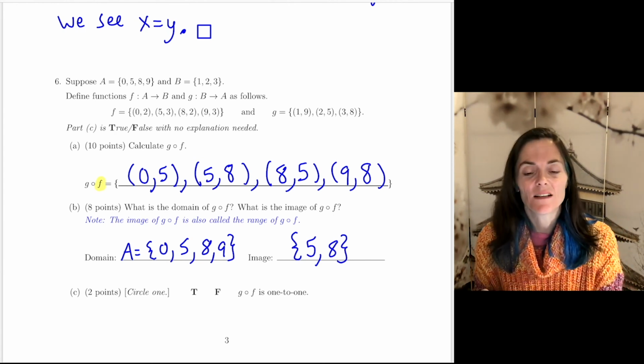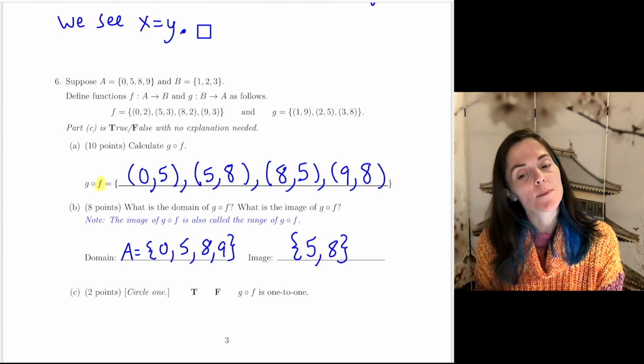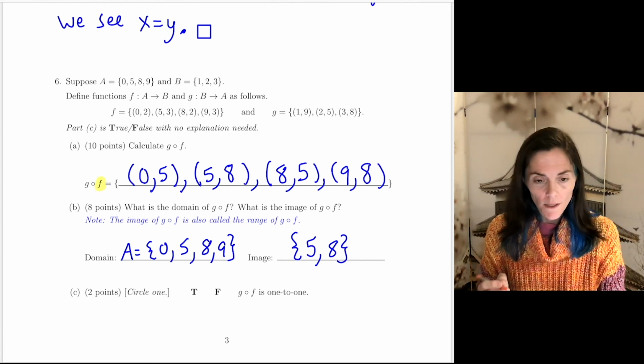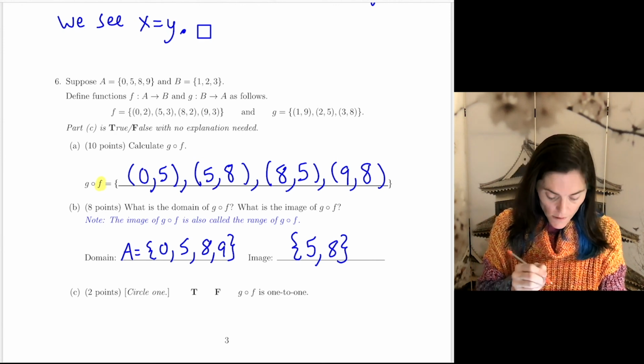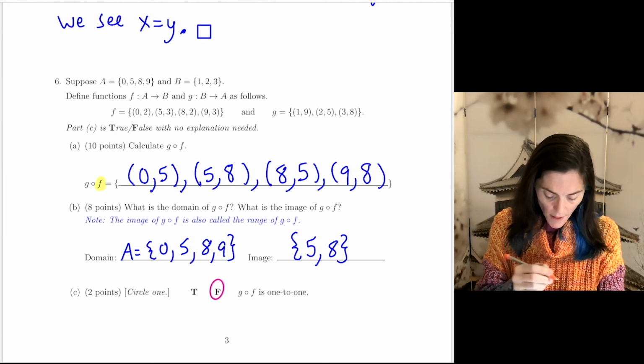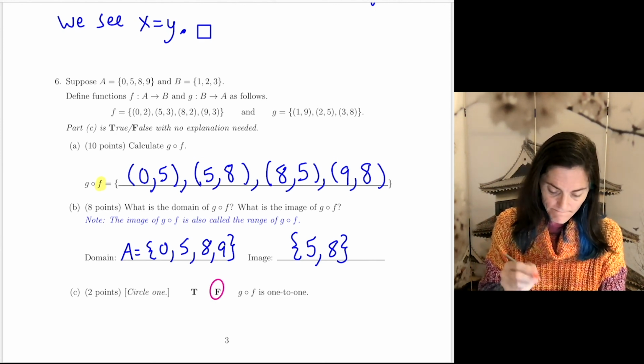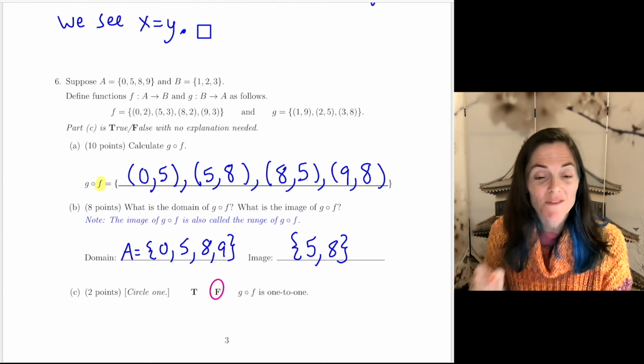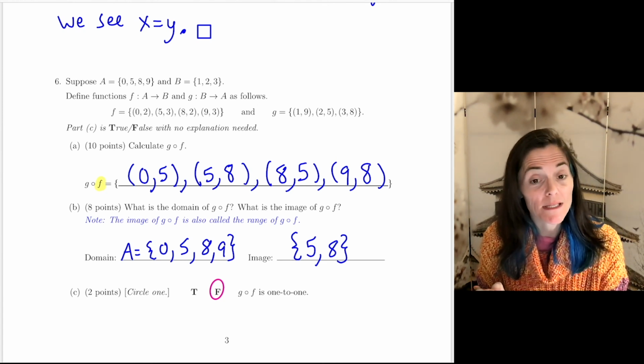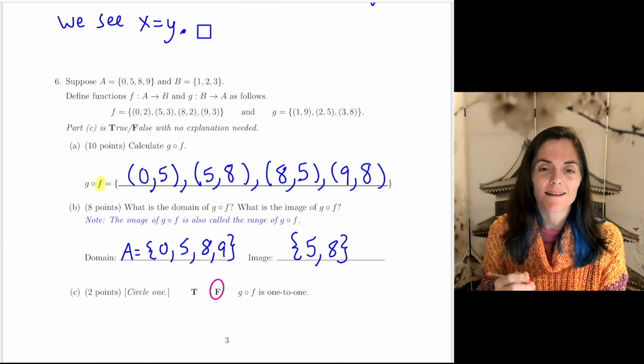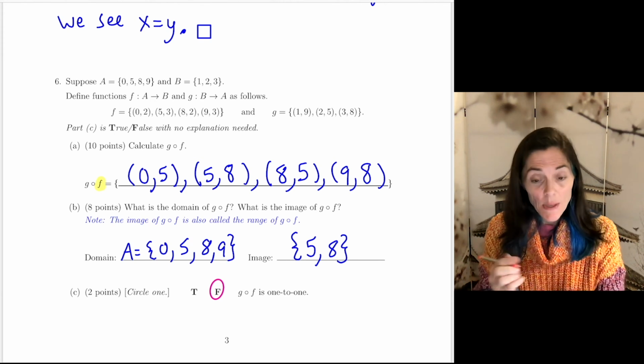Letter C, true or false, g compose f is 1-to-1. I'm going to say this is false. I will put some justification, even though it says part C, true, false, no explanation is needed, just so that everyone is clear.